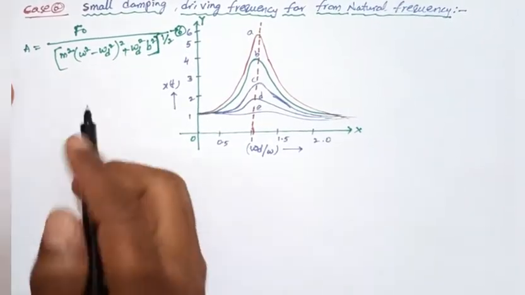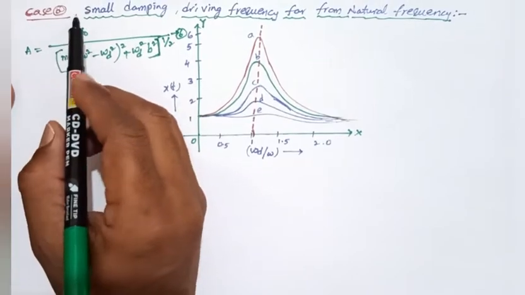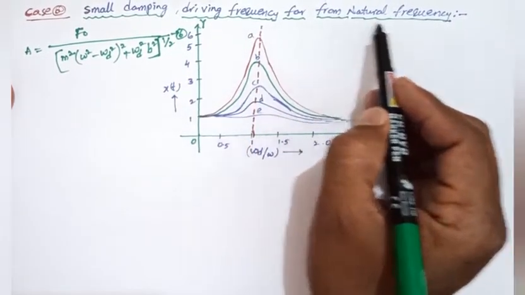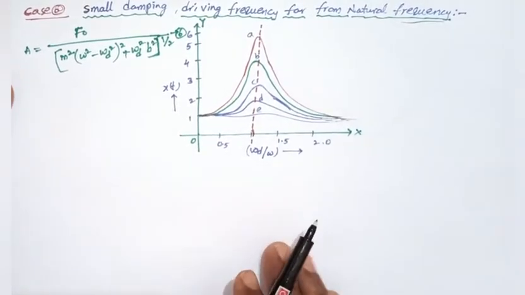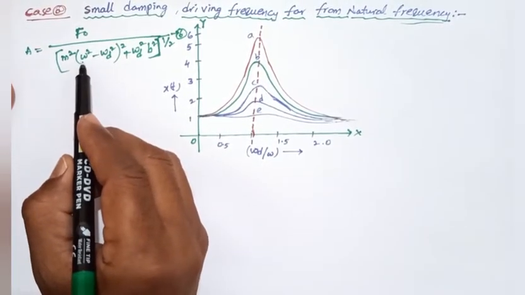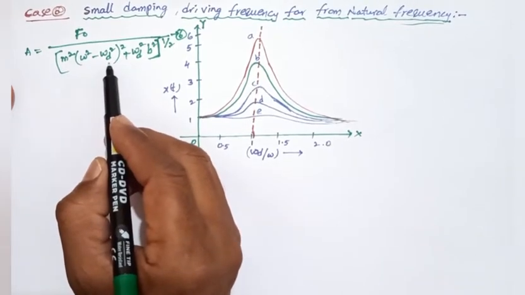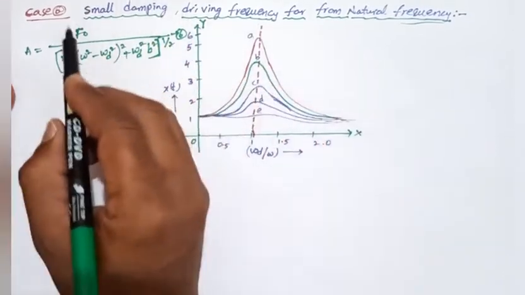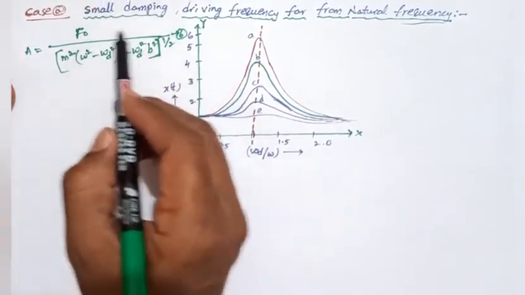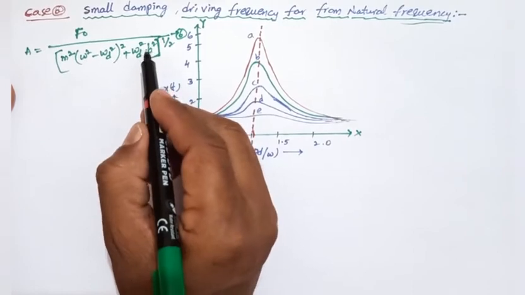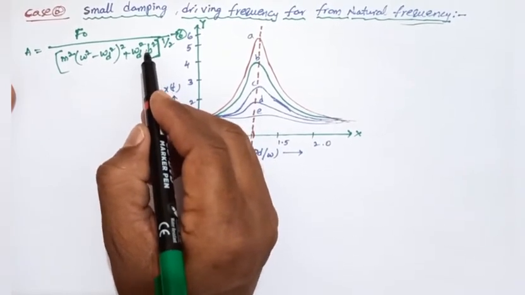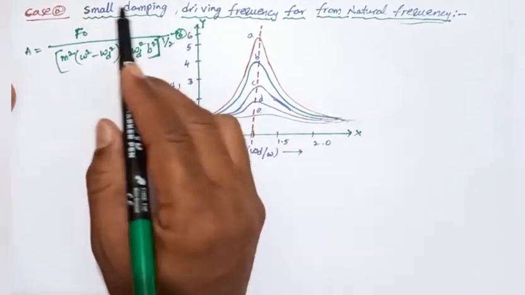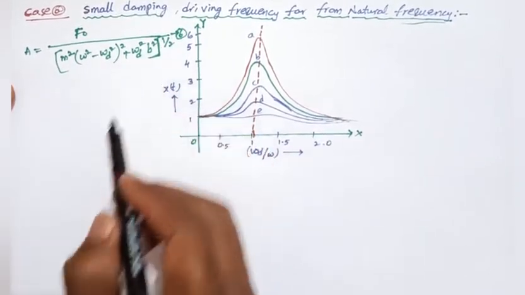In this equation number 6, we consider the case of small damping, with driving frequency far from natural frequency. Omega is the natural frequency, and omega d is the driving frequency of the particle. Small damping means the damping constant b, the damping force, is very small.